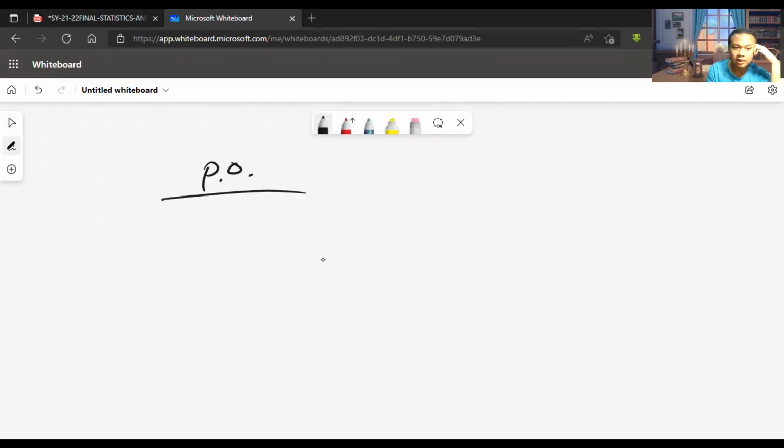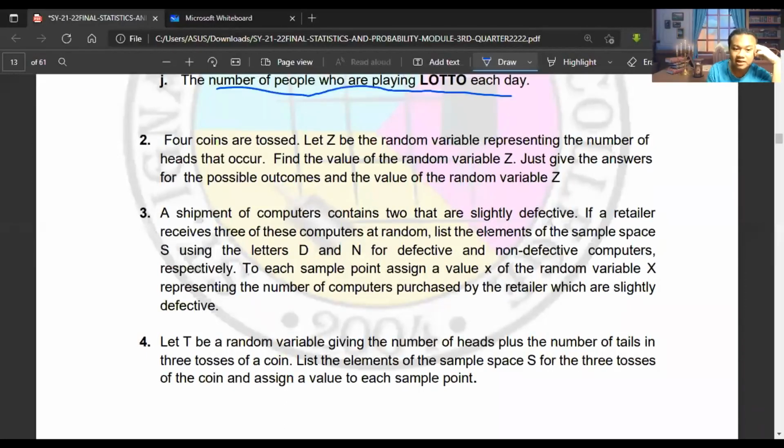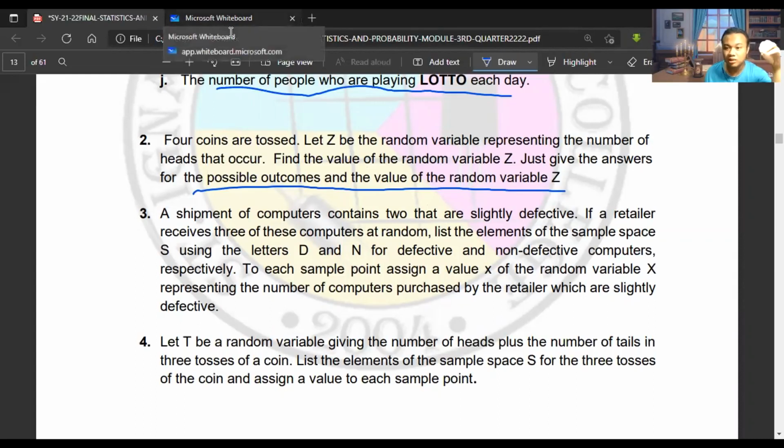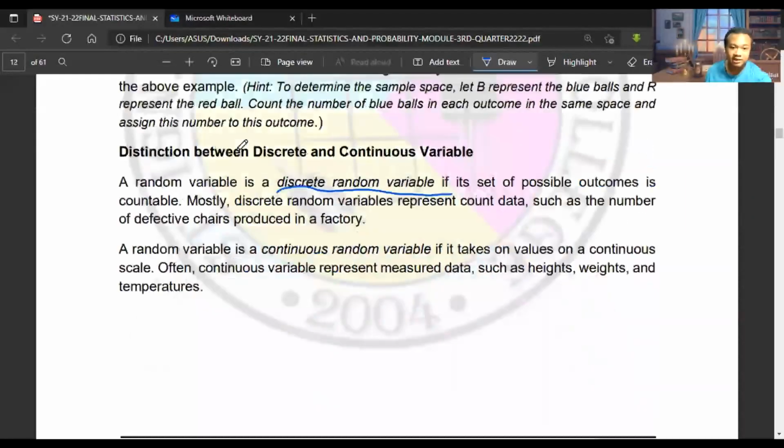So what is asked in the problem is give the answers for the possible outcomes and the value of the random variable Z. So same, just also give the a table, construct also a table, okay? Same sa quiz earlier, okay?